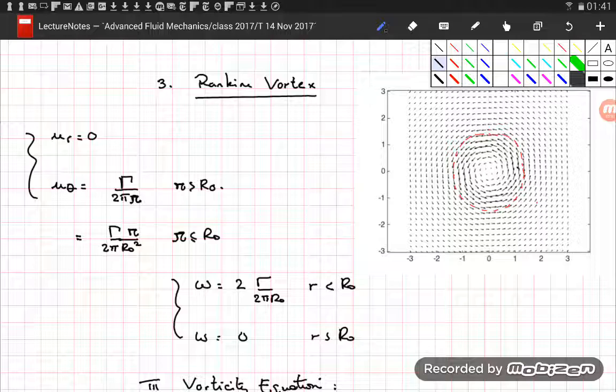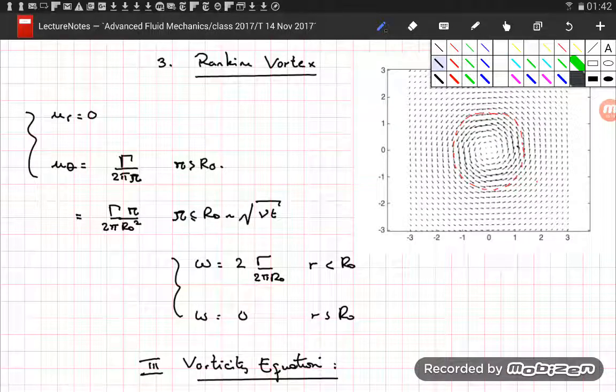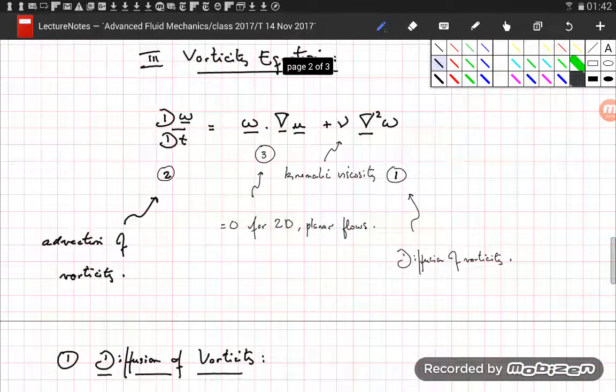If you start with an irrotational vortex and you take into account the diffusion, you could represent it with a Rankine vortex, where the core of the vortex, R naught, scales with the square root of mu times t. So you would have a rotational core, a core in which you do have vorticity, where the vorticity has diffused, and then you have the outside, which looks like an irrotational vortex because the vorticity hasn't yet diffused in that region. Okay, so this is the diffusion of vorticity.